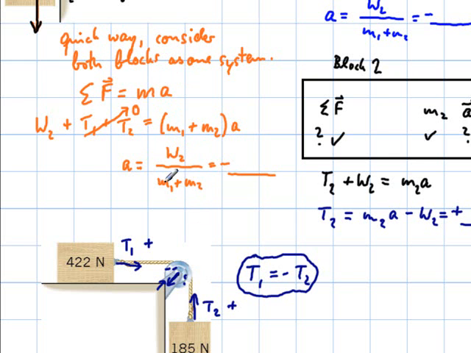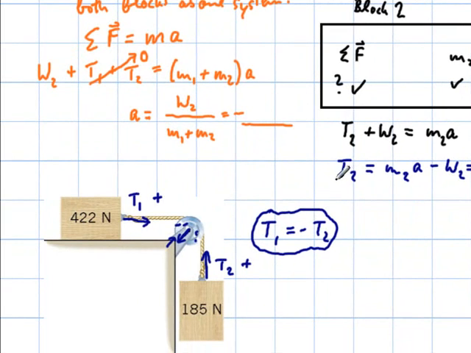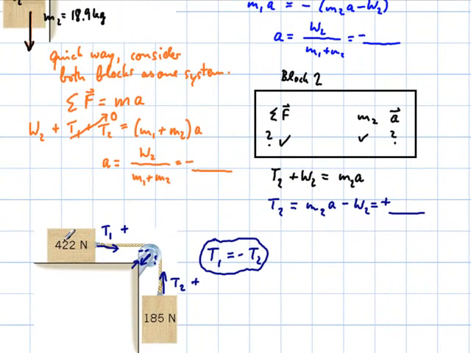Overall here, the quick way would have still worked. But my consistent one, I ran into a trouble of all of a sudden coming up with, well, this one is also going to be a positive acceleration, but this one here going down is a negative acceleration, and I couldn't reconcile the two. So that's why I turned the whole thing around, so that now this tension vector becomes negative, and now for the upper case, what I showed there, this one here would work out, this being negative and this being positive here.